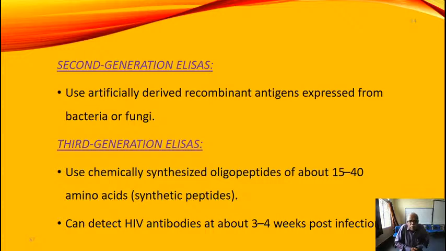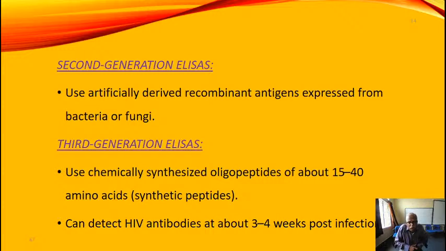Recombinant means they are artificially prepared antigens which are expressed from both fungi and bacteria, and these are used as viral lysis. But that also associates a lot of contamination, because it contains yeast cells. Yeast cells are associated again with false positive or false negative reactions. So that also we are not using.